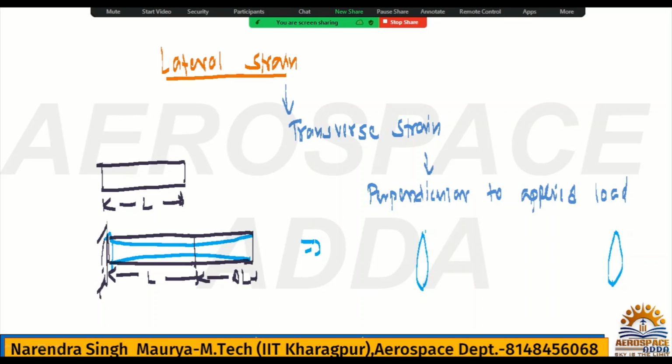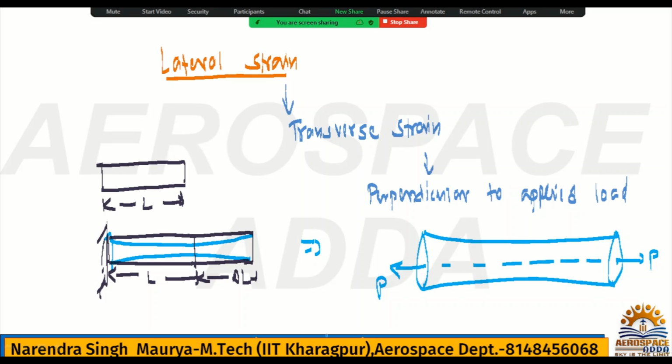But if you check perpendicular to the load, where is the perpendicular to the load? This is the tensile load here. This is longitudinal, and perpendicular means in this way.